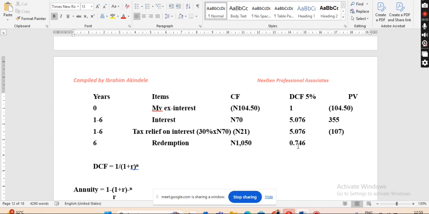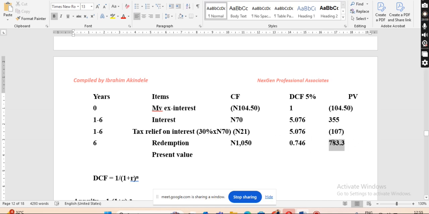Now multiply, what do you have? 783.3, right? Yes, sir. Okay, so what is the present value? Final figure: subtract and add.